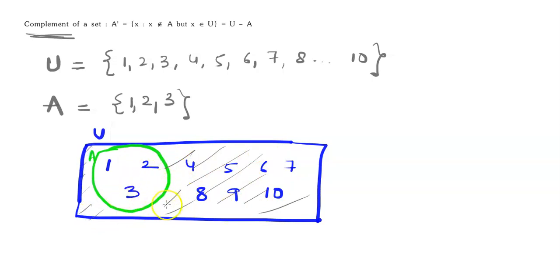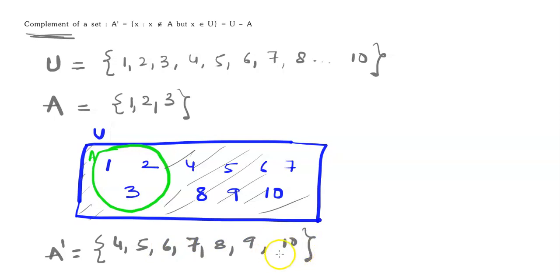Anything which does not belong to A but belongs to U. Therefore, A complement is equal to 4, 5, 6, 7, 8, 9, and 10, which is nothing but U minus A.